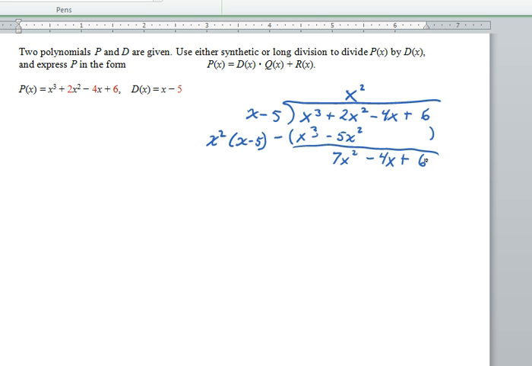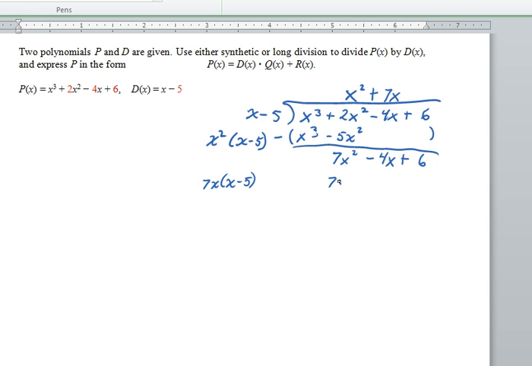Now, we take 7x squared and divide it by the leading term of the divisor, which is x, and we get 7x. This will be the next term in the quotient. Now we take 7x and multiply it by x minus 5.